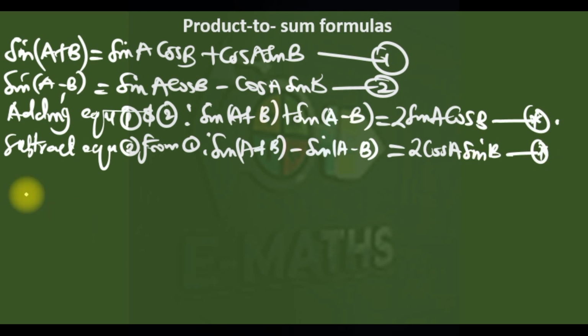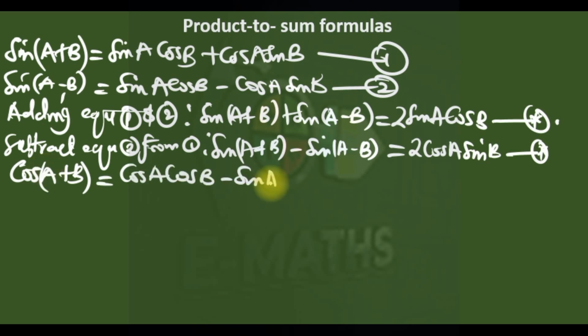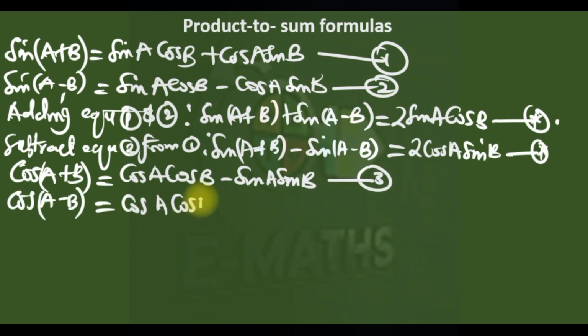Again, if you remember, cos A plus B is always equal to cos A cos B minus sine A sine B. Let's call it equation 3. Again, cos A minus B is the same as cos A cos B plus, so plus is minus, minus is plus, sine A sine B. Let's call it equation 4.